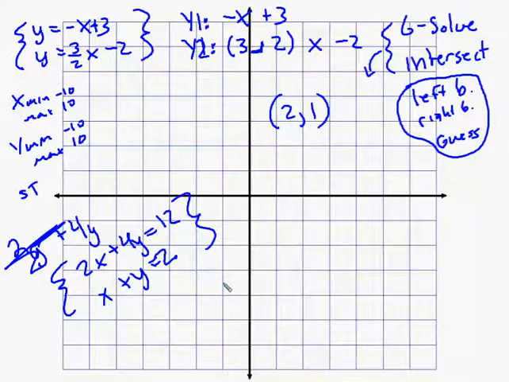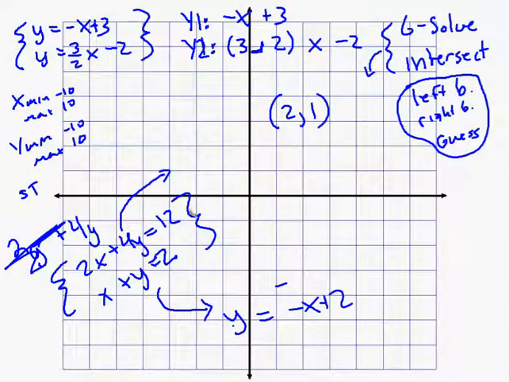All right, so I can't put this system into my calculator directly. What do I need to do first? I do need to solve for y. So I subtract x on this one, and I get y equals negative x plus 2. On this one, I have even more steps. What do I need to do first? Subtract 2x.